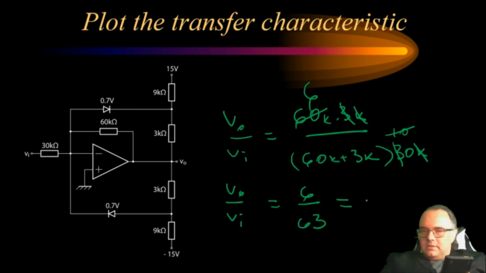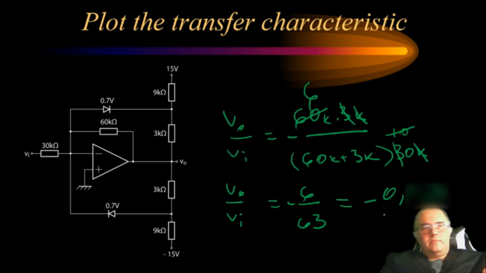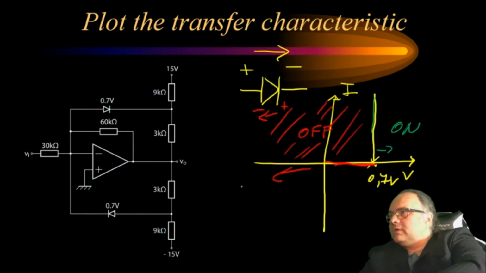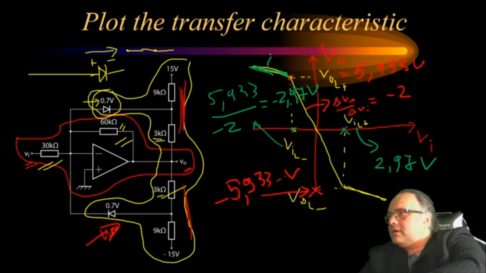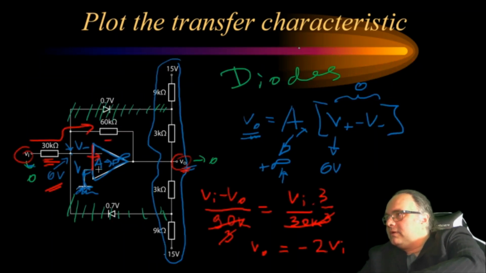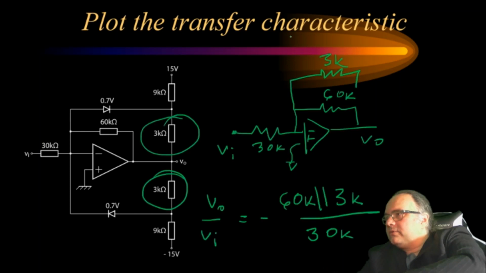This will be minus, I have here minus 0.95, whatever, 0.95. Yeah. So then this slope here, delta V out divided by delta V in, will be 0.95.